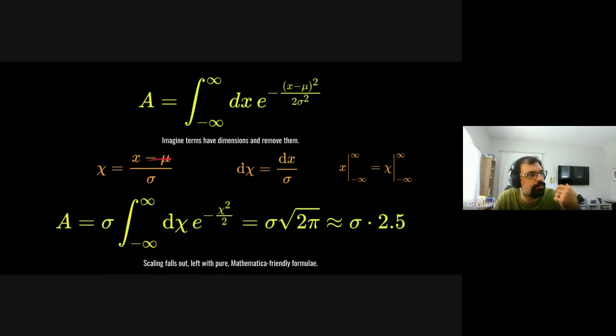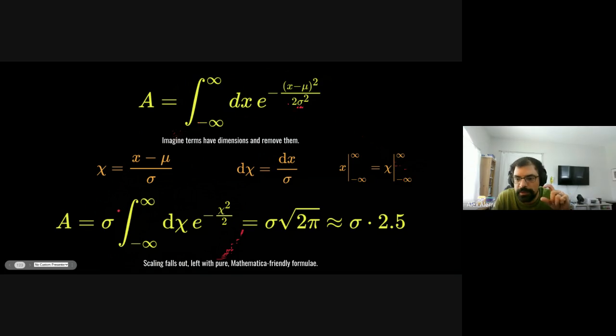If chi is x minus mu over sigma, then d chi is dx over sigma. That allows us to replace this dx, and it allows us to replace this argument. The last thing we have to worry about are the limits. If x goes from negative infinity to infinity, when x is negative infinity, chi is negative infinity, and when x is infinity, chi is infinity. We make all the substitutions, and we can write this formula in this way.